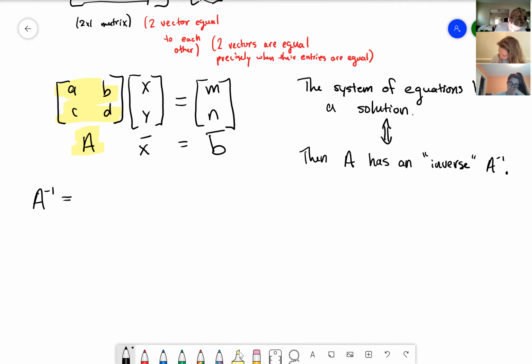So its inverse will be 1 over the determinant of A times the matrix where the entries on the diagonal swap. We get D, A, and then the off diagonal entries get replaced by their negative, minus B.